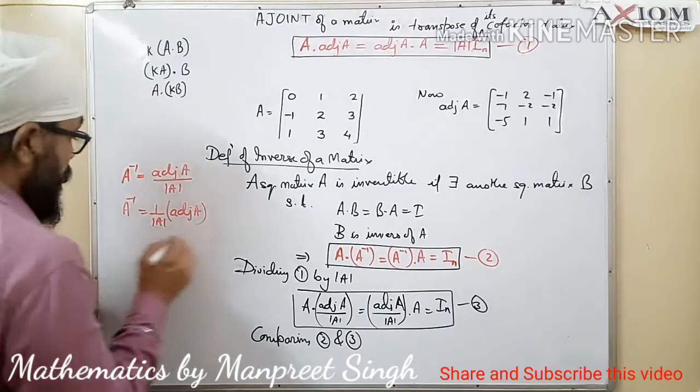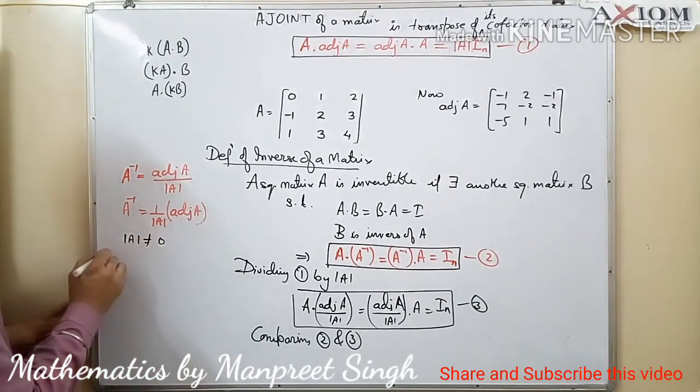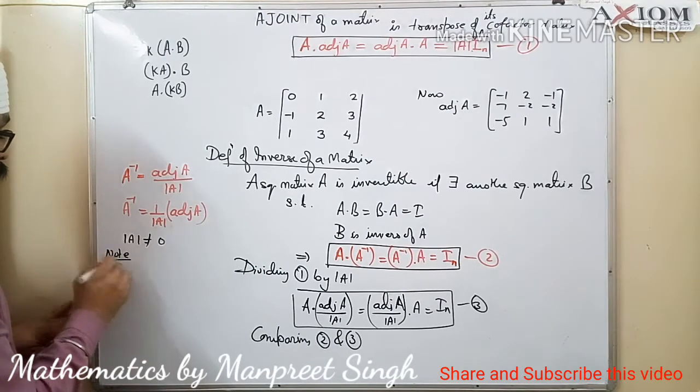So that is one of the properties, that determinant of A should never be equal to 0. That is one important note.